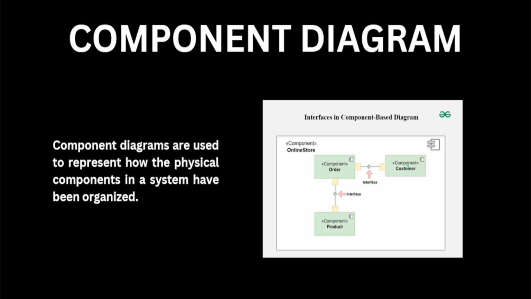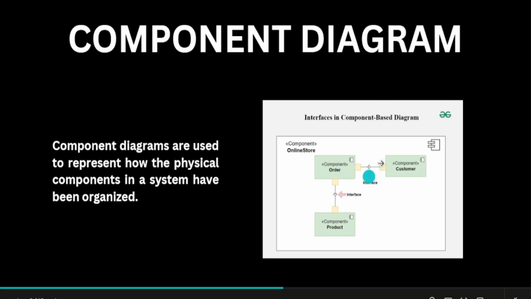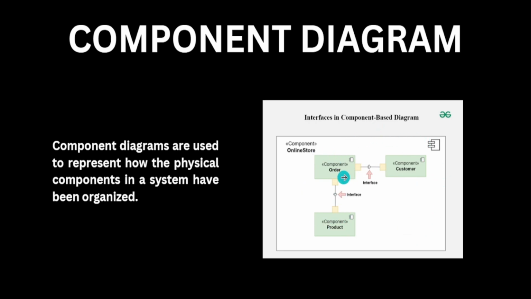Magiging useful ito sa pagbi-visualize ng mga structure, kasi makikita mo kung kunyari itong order sa customer, makikita mo kung gaano sila kadepende sa isa't isa. Kaya maganda yung component, kasi makikita mo kung gaano ka-organize yung isang system.